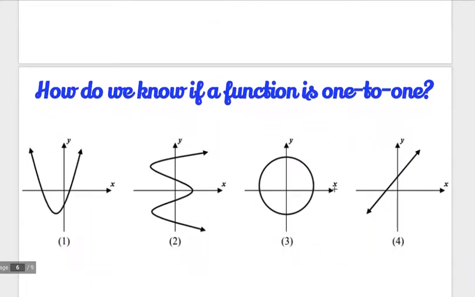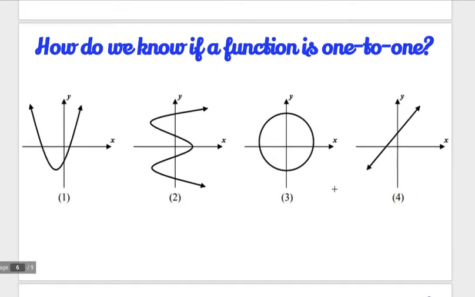Let's check this one. I want you to look at these four graphs here. The very first thing I want you to do is pause the video and think, which one is a function? Some students might already recall that in order to find a function, we need to use the vertical line test.